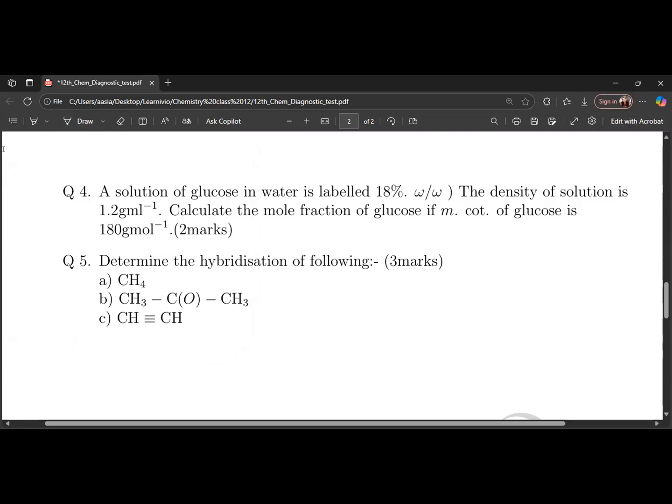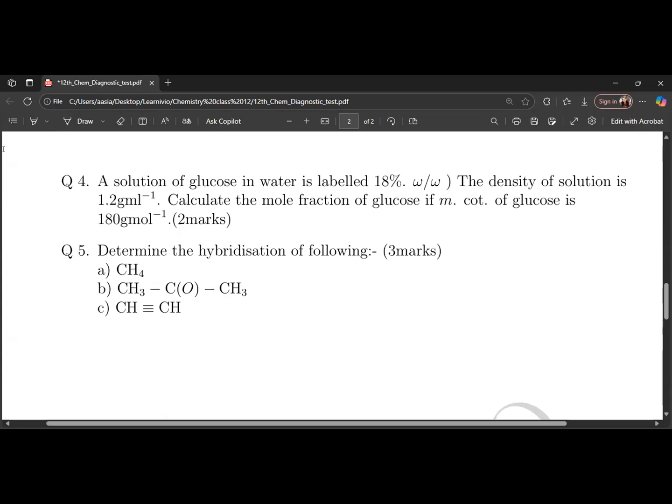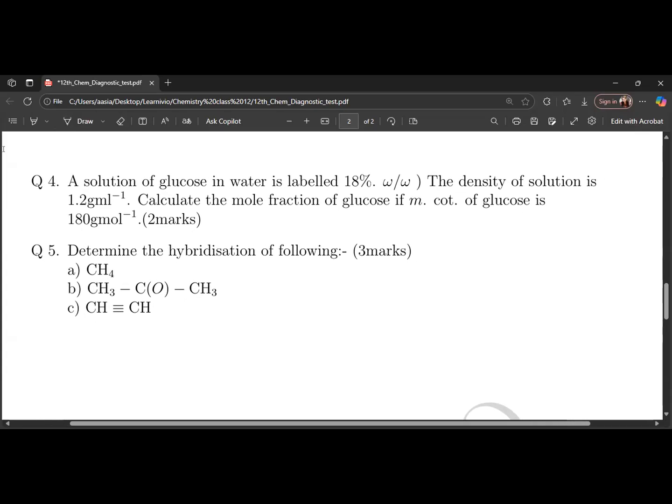Okay, no problem. Try the next question, four and five. Basically, you have to calculate the mole fraction.